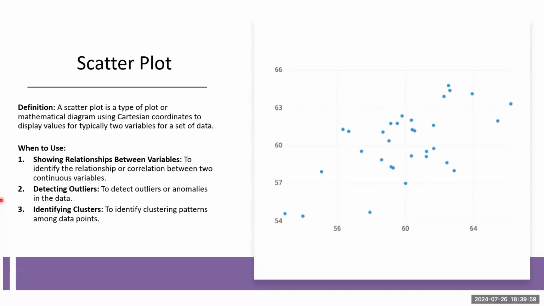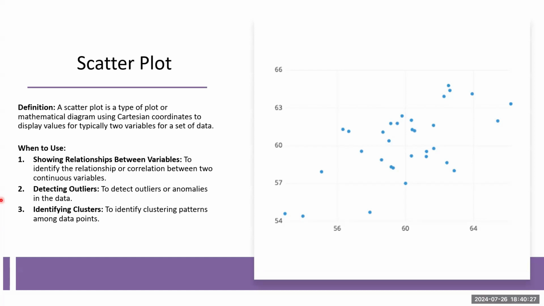Okay. So what is a continuous variable? What does it mean to say continuous variable? So a continuous variable is a type of variable that can take an infinite number of values. Okay. It can take an infinite number of values within a given range.